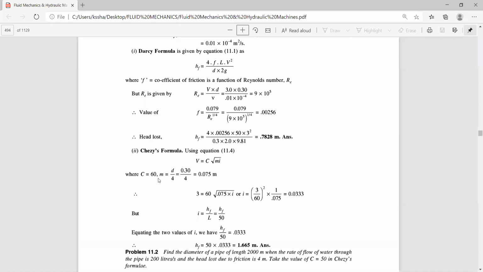So there is a confusion whether you have to use Darcy's equation or Chezy's equation for your analysis purpose. But the most acceptable formula is Darcy's formula only. It is being accepted all over the world. So if you have any doubt regarding the problem, you ask me, or else we will move to the next part.